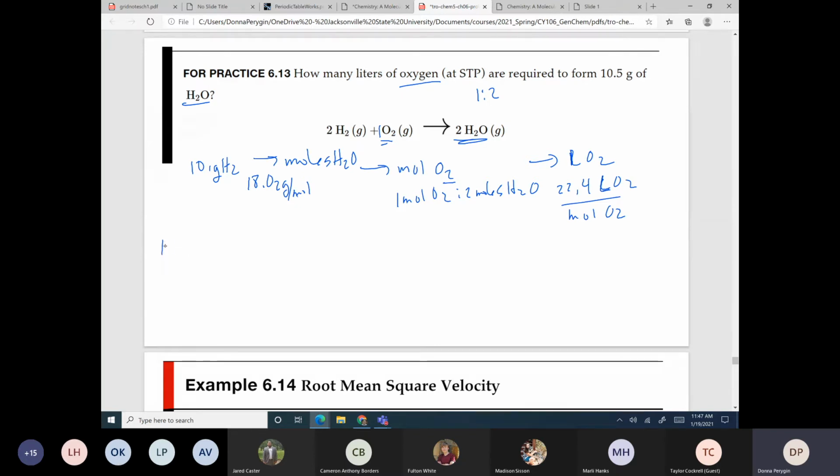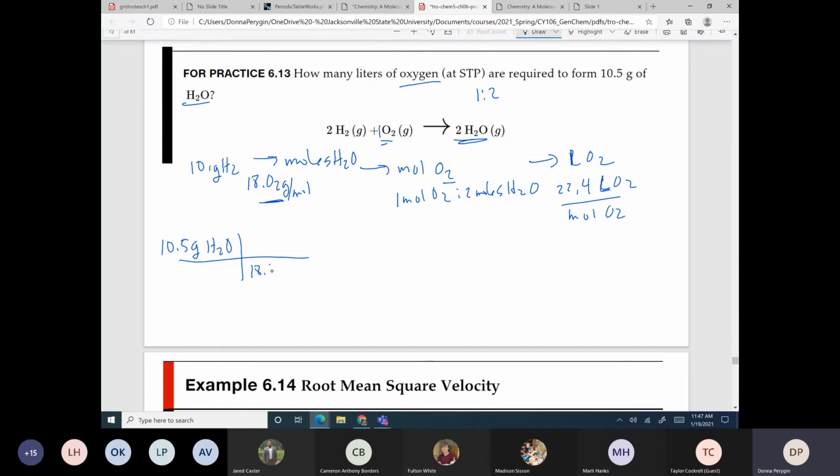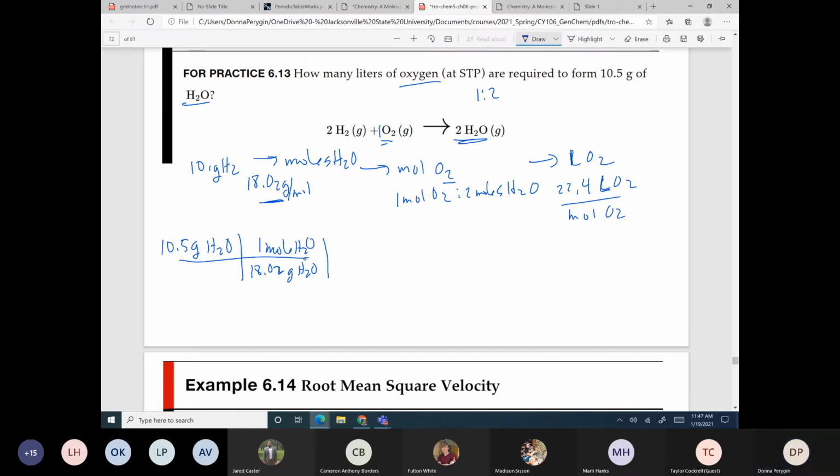All right, so we've got 10.5 grams of water. Using the molecular weight, we've got 18.02 grams of water is 1 mole of water, okay? And then from the balanced equation, I've got 1 mole of O2 to 2 moles of water.